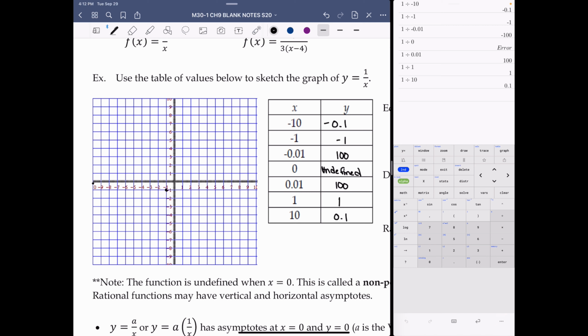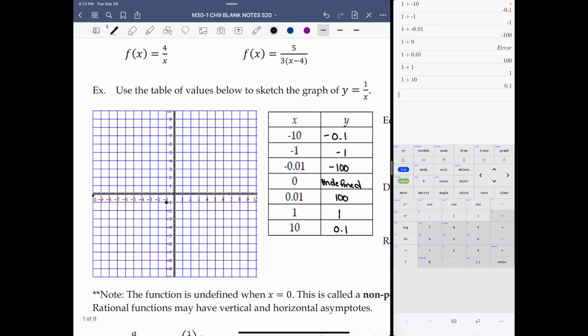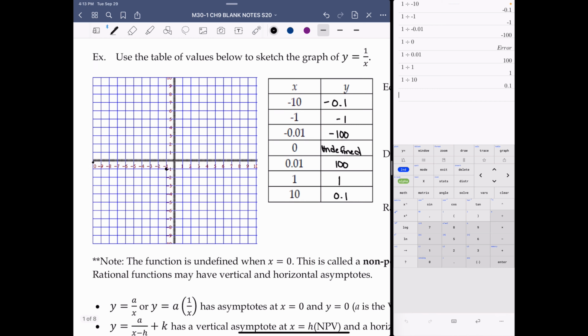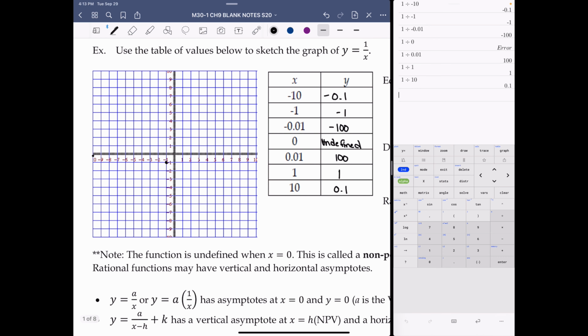And then when x is negative 0.01, so really close to x equals 0, the y-axis, but just on the left-hand side, our y value is, this should be negative 100, sorry. So our y value is getting very, very small. So we end up with a piece of the graph that looks something like this.